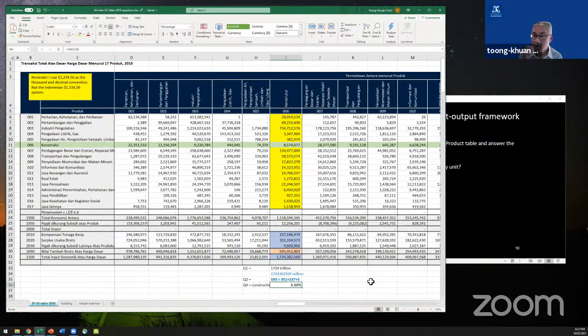Okay, so that's your construction GDP percentage. 8.88% in year 2010.